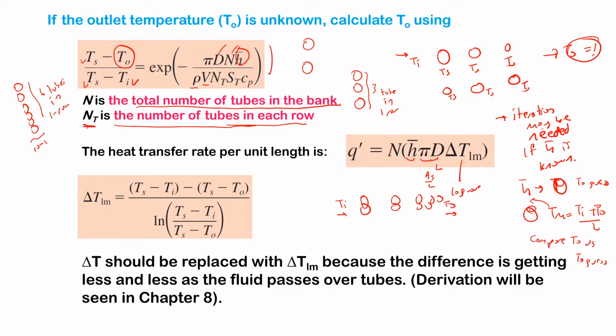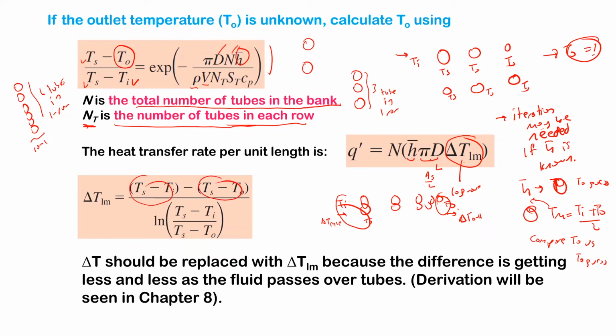So we cannot use T in, we cannot use T out, we need to use an average. For this particular system, the log average gives you a more accurate result, and the way to calculate the log average is given here. So we have Ts, the surface temperature, Ts minus Ti. This is delta T in, delta T inlet. The delta T outlet is Ts minus T out.